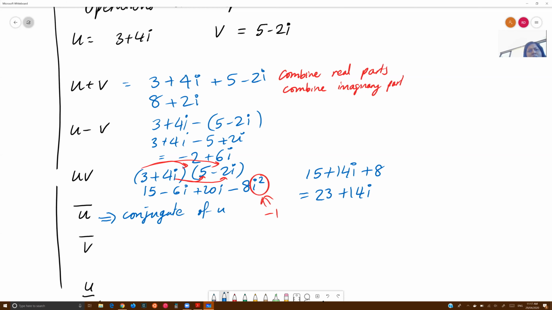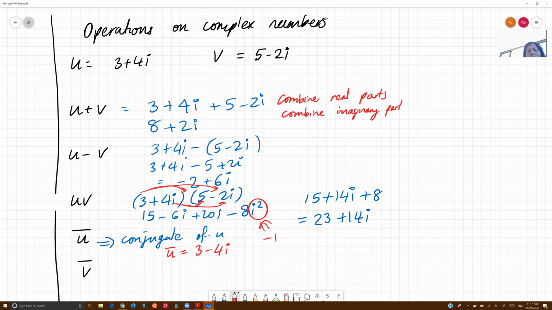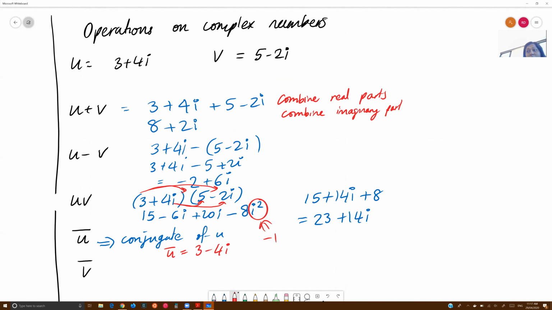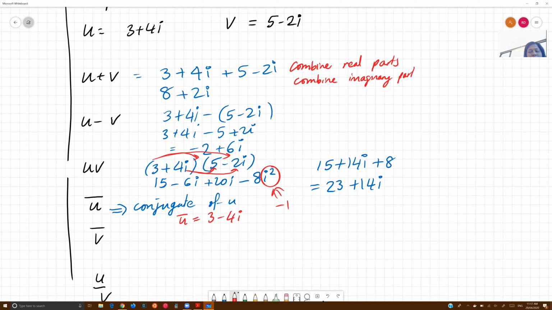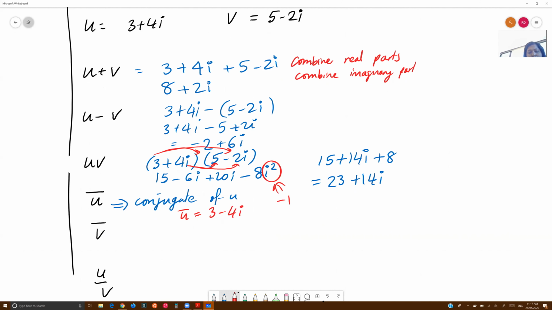Here you have the 4i, so I'm going to change that to negative 4i. So the conjugate of u will be 3 minus 4i. And the conjugate of v, again, I'm changing the sign of the minus 2i, so it's going to be positive 2i.